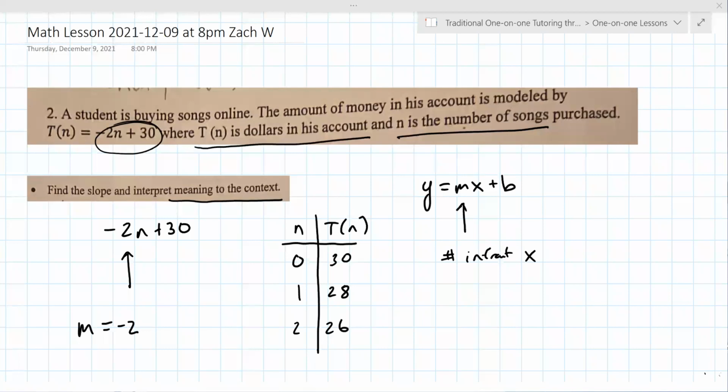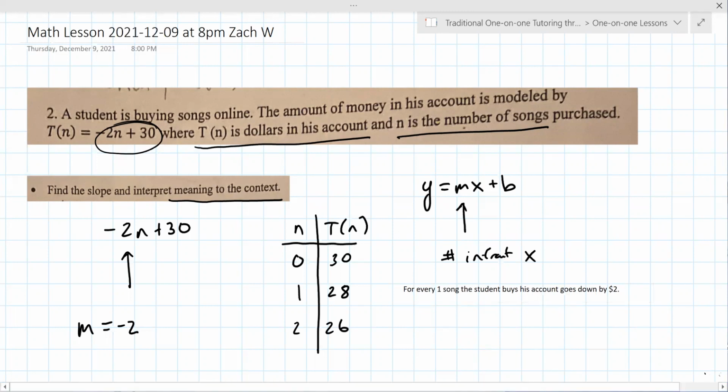I didn't write it down, but it's exactly what you said. Do you want me to type it out here? Sure, why not. For every one song the student buys, his account goes down by $2. Okay. So that's it. It's pretty simple, that part.